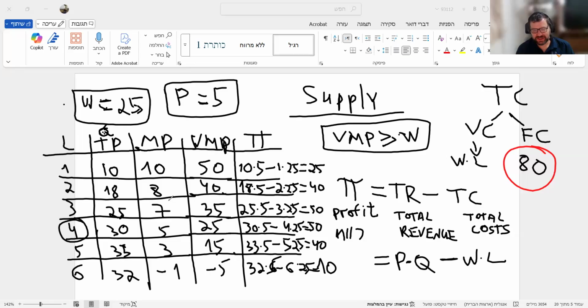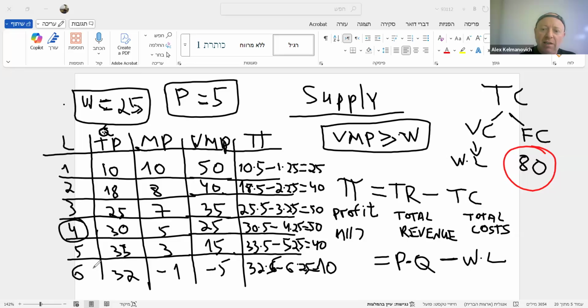We shall decrease our profit by 80 shekels, and we have negative profit in any case. Exactly. So we don't need any new calculation except the profit. Our biggest profit is 50, right?